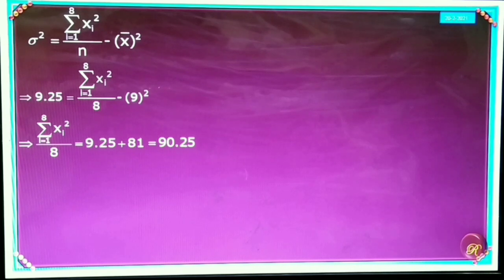By cross multiplication, we will get summation of xi square is equal to 90.25 into 8.